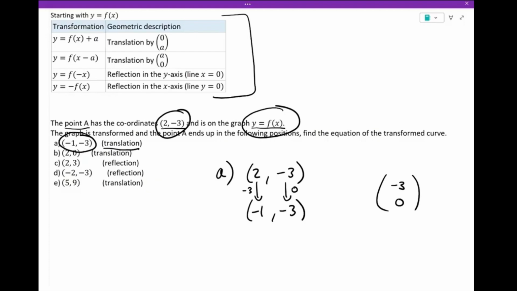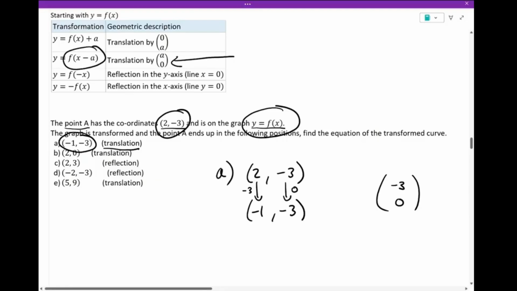If we're doing a horizontal translation, that is going to be our second line in our table there. So we're going to be looking at this equation specifically. And we need to ask ourselves, what is our value for a? Well, a is our horizontal component, which is negative 3. So in my bracket here, because it's negative a, we are going to put positive 3 instead.